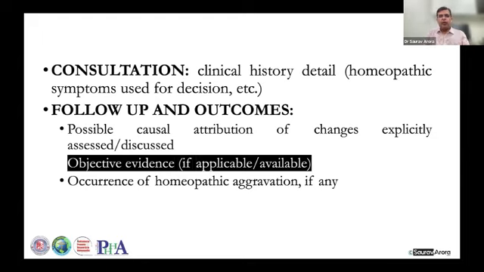Next is follow-up and outcomes, and possible causal attribution of changes, which are being assessed or discussed. I told you, we cannot follow a patient lifelong and present a case. We have to stop somewhere. We need to draw the line, follow the patient up to that line, and present it.